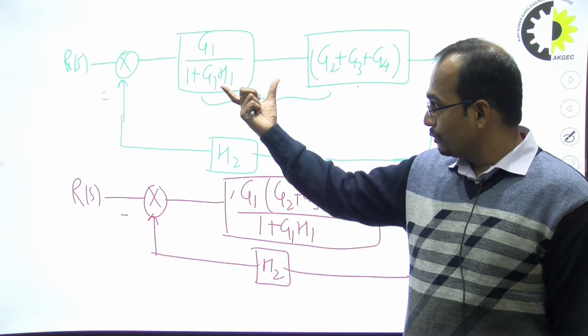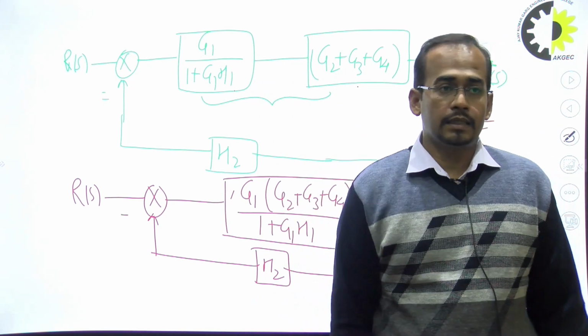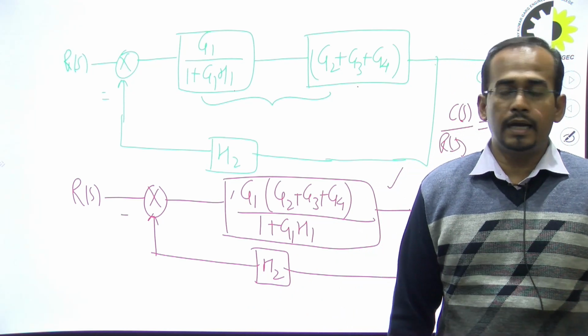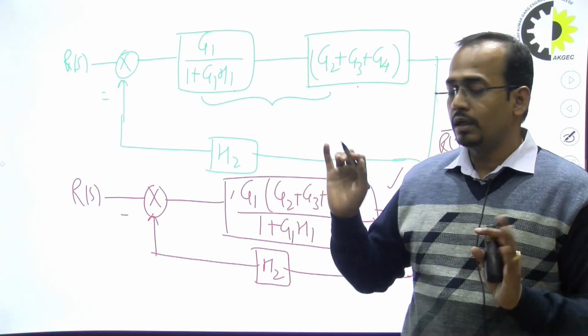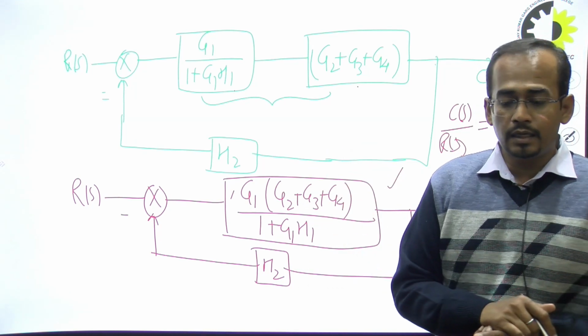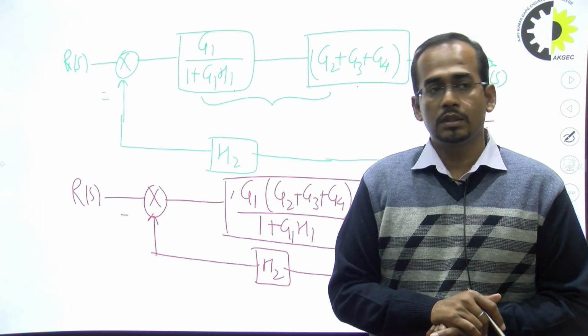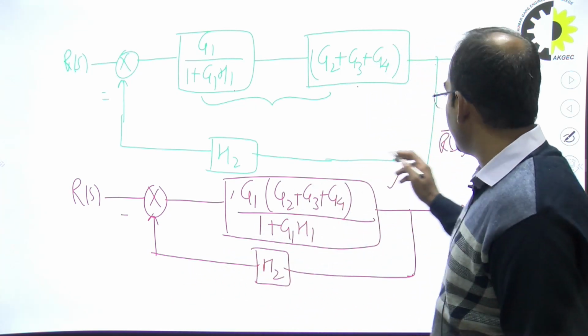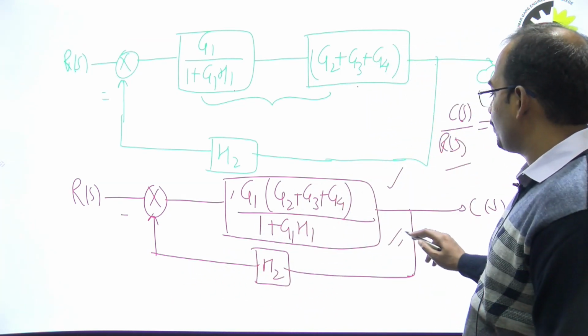After reducing these two cascade connections, we came to the conclusion that the reduced block diagram is in the standard canonical form of the control system. So we can again get the value of C(s) by R(s) by simplifying this.